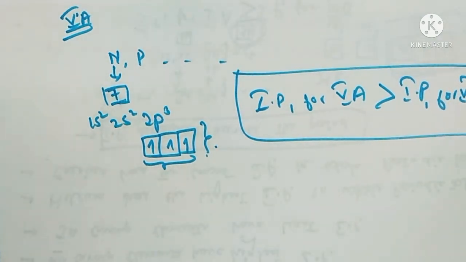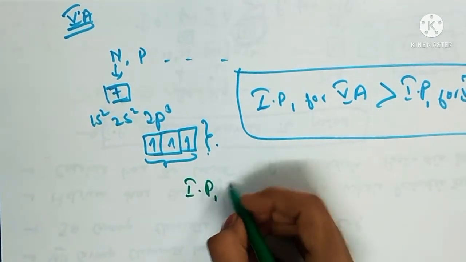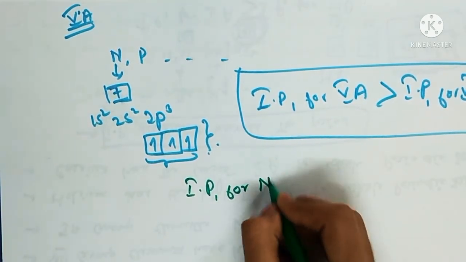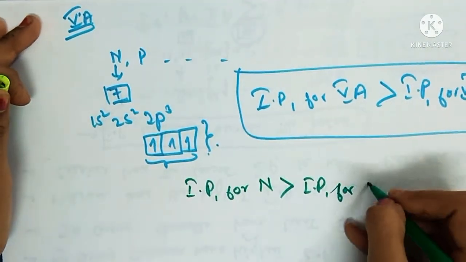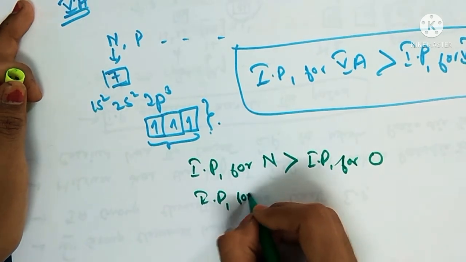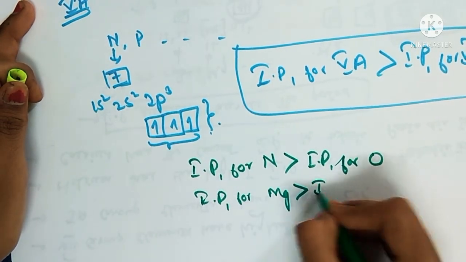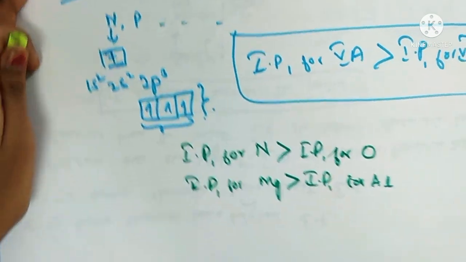And that is the reason why the IP1 for nitrogen is greater than IP1 for oxygen, and IP1 for magnesium is greater than IP1 of aluminium.